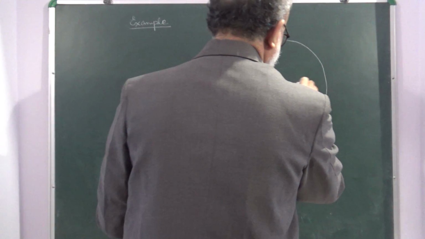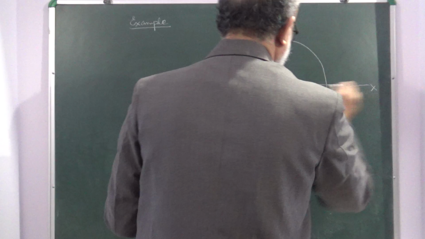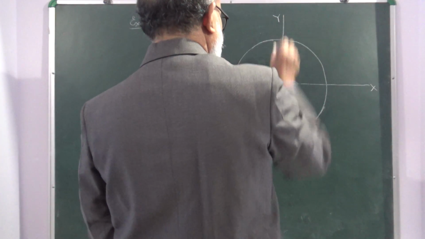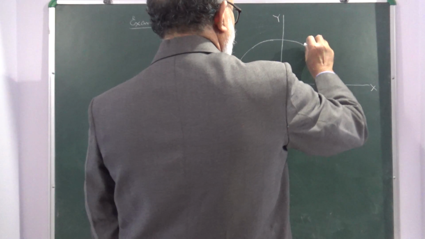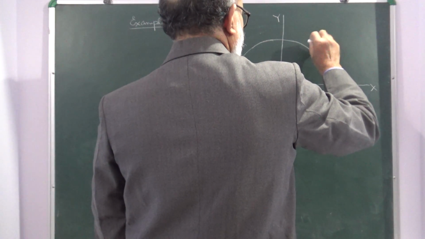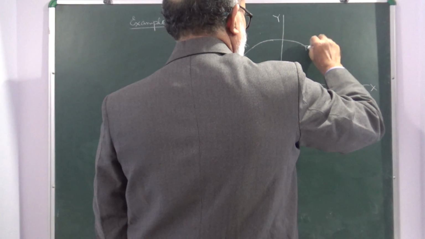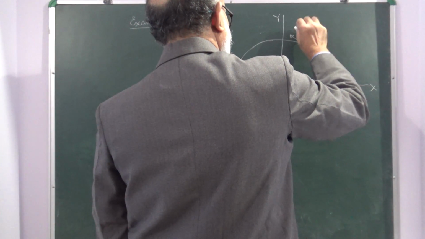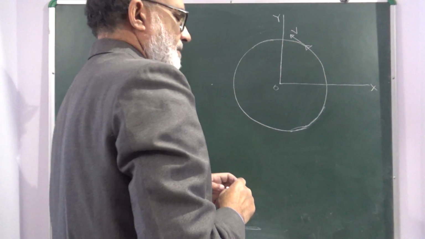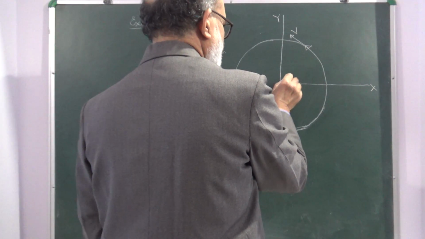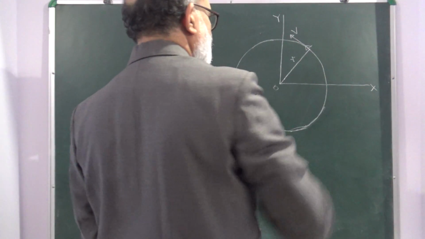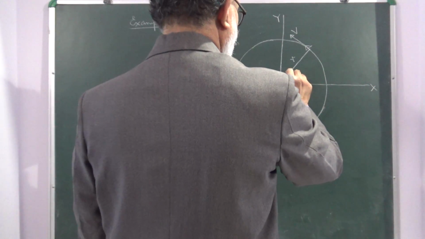Take the x-axis and y-axis, this is the origin, and the velocity is along this direction. This is the velocity of the fluid, and suppose this is the radius, the velocity at this point, and this is the angle.